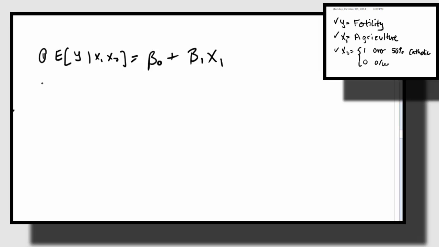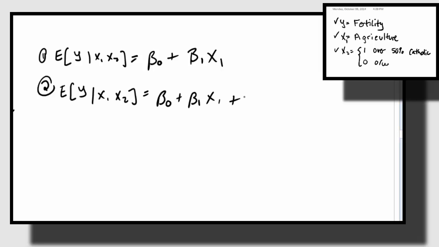Let's consider a second model. Here we have expected value of y given x1 and x2 is beta naught plus beta 1 x1 plus beta 2 x2. Now let's think about this. In the event that x2 is equal to 0, if the province is majority Protestant, then this works out to be beta naught plus beta 1 x1.